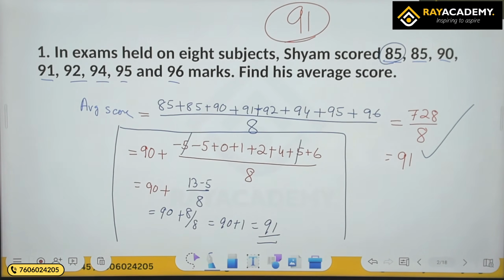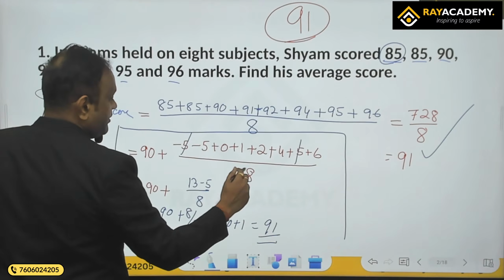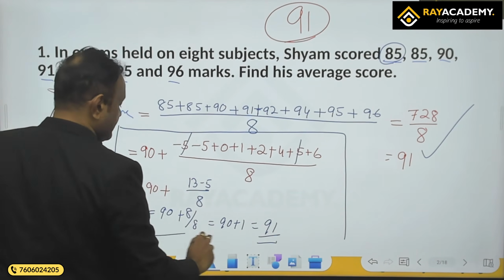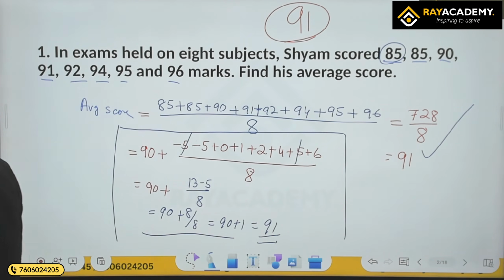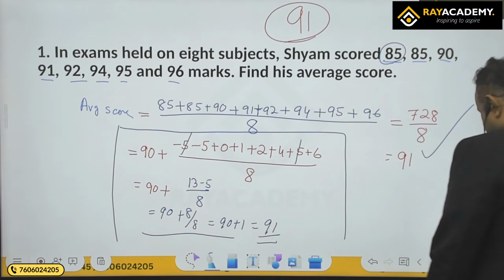And let's say 92, that is 2 more, that is why we have written plus 2. Then I have written all the numbers with reference to 90, then divided by 8. After that, this calculation. Okay, so this is the first question we discussed.